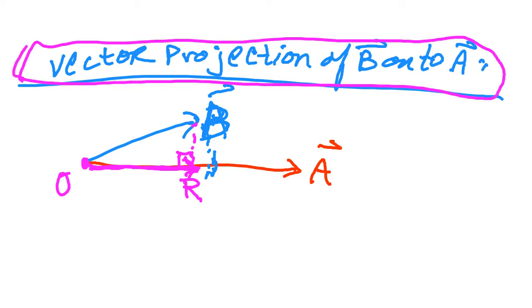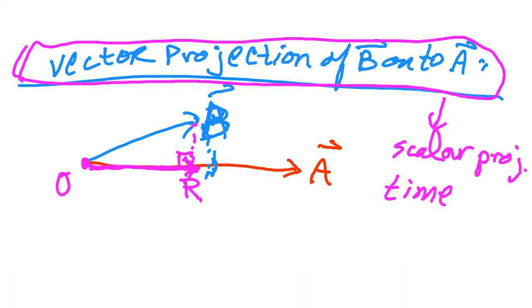It's the purple one there. What we're going to do is take the scalar projection of B vector onto A vector, times a unit vector in the same direction as A.